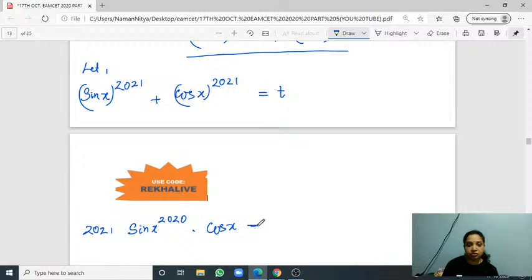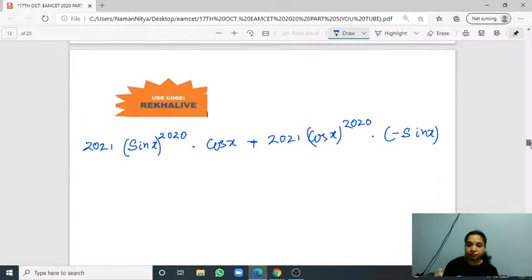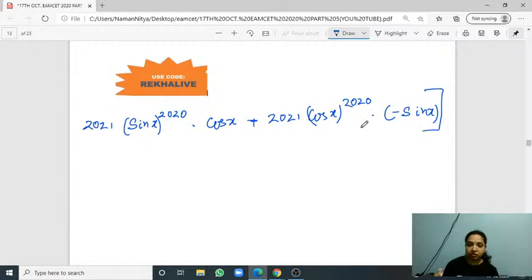Here I'll get plus again 2021 cos x power 2020, one power will subtract, into cos x differentiation, that is minus sin x. And this whole thing dx is equal to dt.